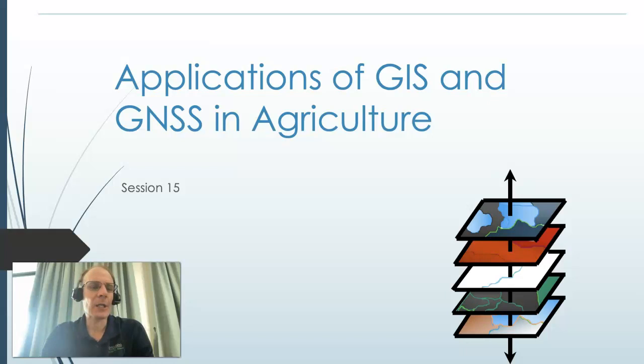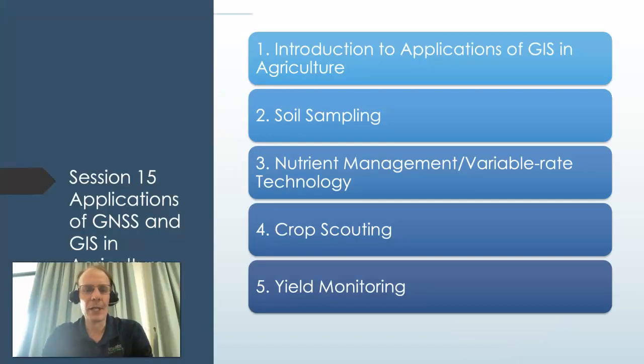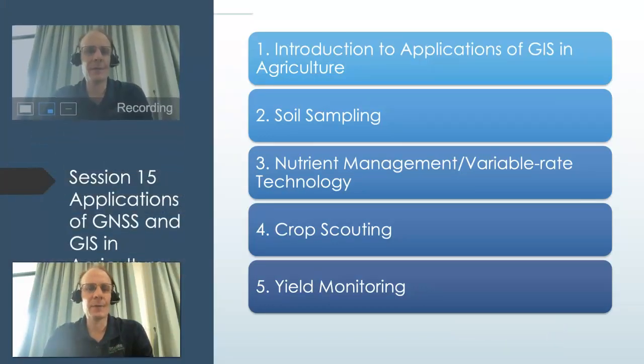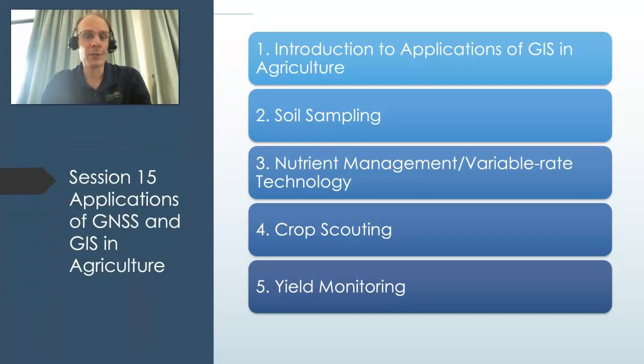Okay, in this lecture series we're going to break the lecture into 5 different video lectures, including this one, where we're going to introduce you to applications of GIS in agriculture, and give you an explanation of how we use GNSS or GIS in agriculture, with 4 examples.